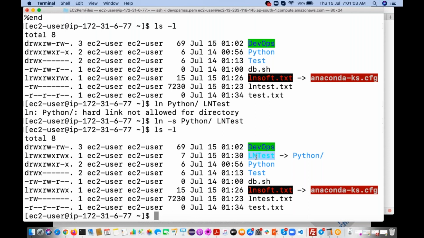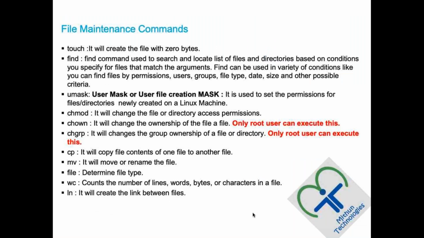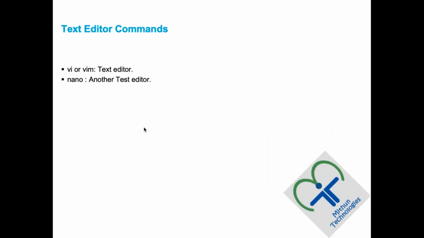Yes or no? Same like a shortcut. Clear? Anybody have any questions on this particular slide, whatever we discussed so far? No questions? Then we'll go to the other slide.